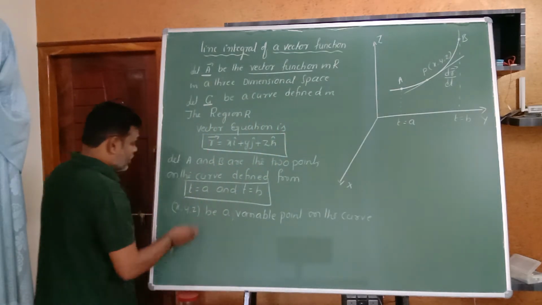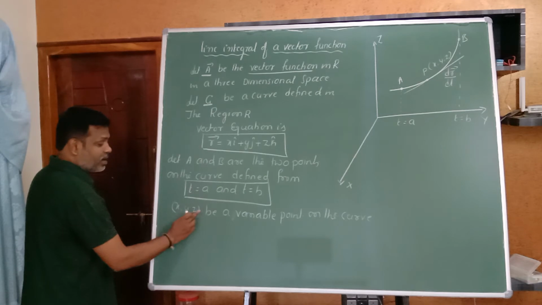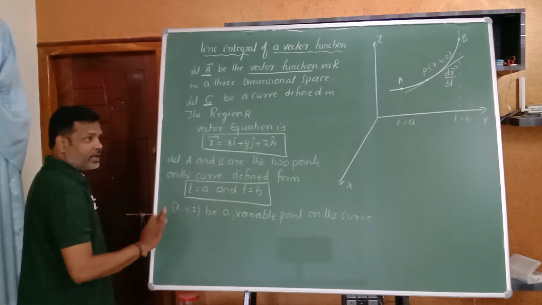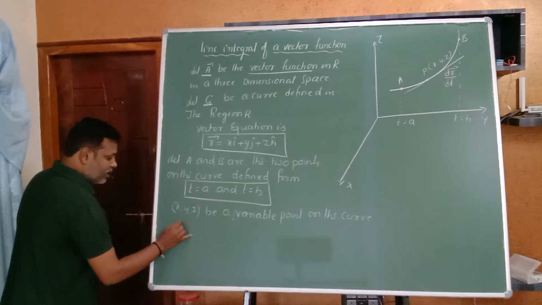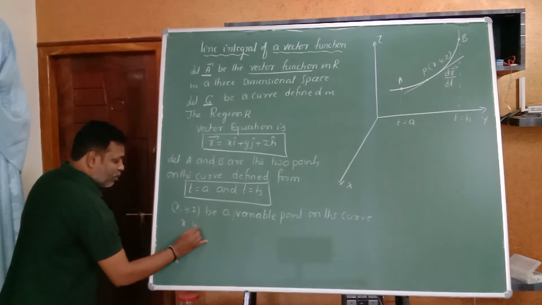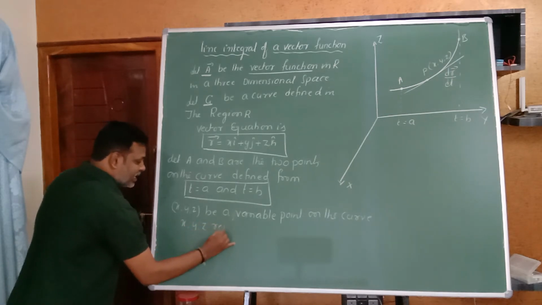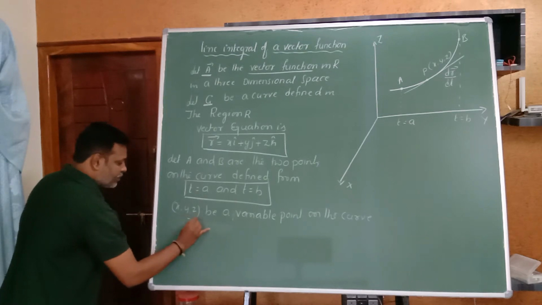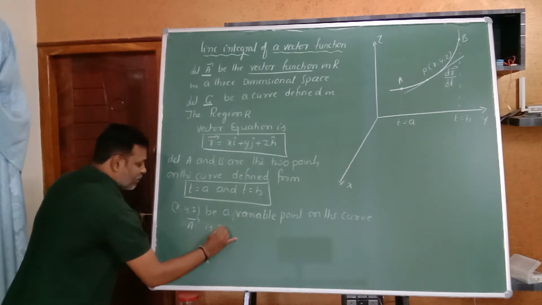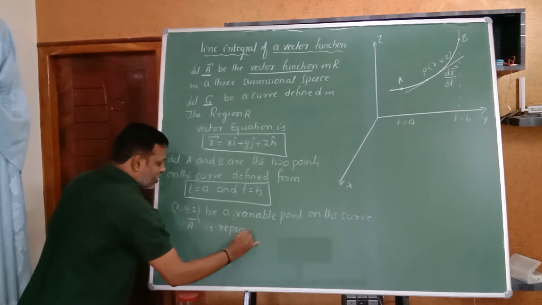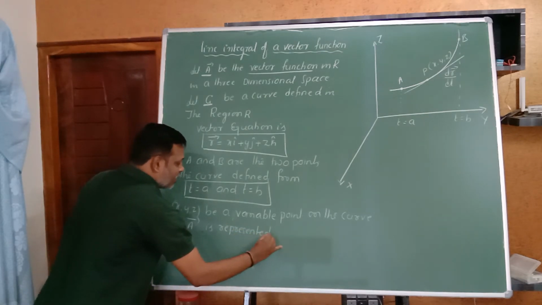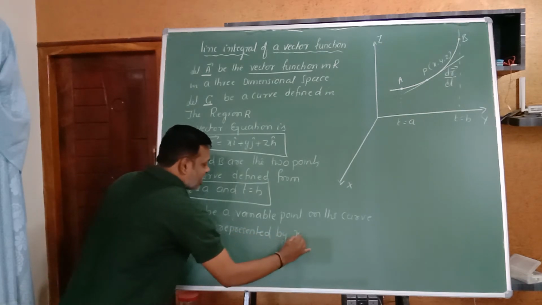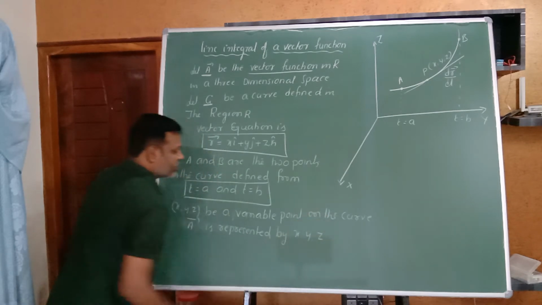Okay, now the very important thing here. Sir, what is that, sir? Here x comma y comma z be a variable point on the curve, that is okay. Therefore, the vector a is represented by x comma y comma z.